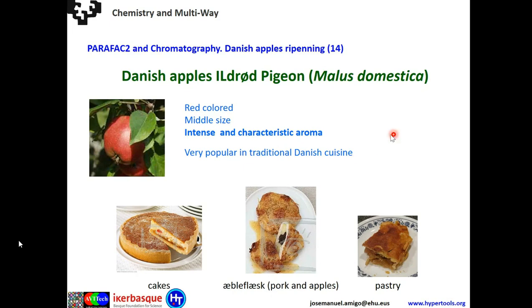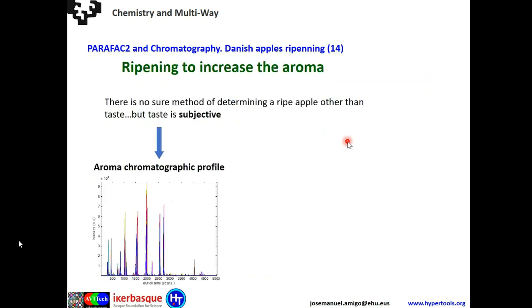They are very traditional and they have a very intense and characteristic aroma. Okay, but there is a problem with these apples, that they don't know when is the perfect ripening period. That is, it has to be really precise, because we want the apples to arrive to the customer, to us, with the highest aroma possible.